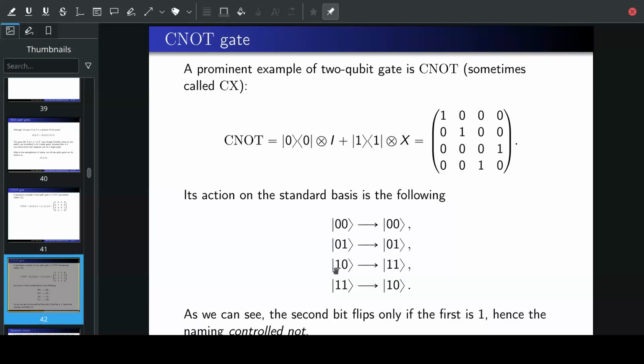But if the first bit is 1, then we flip the second bit, right? Like here and here. So we apply the NOT operation. And that's why the naming, the controlled NOT operation. We also call the first qubit the control qubit and the second qubit the target qubit.